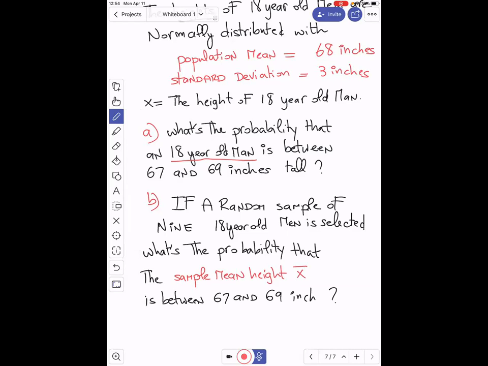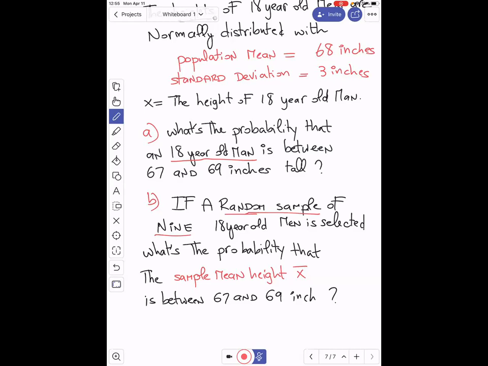As you can see, there is a huge difference between A and B. In A, you select just a single 18-year-old man. In B, you have this random sample of 9. You take 9 18-year-old men, and you want to find the probability that their average height is between 67 and 69, right?